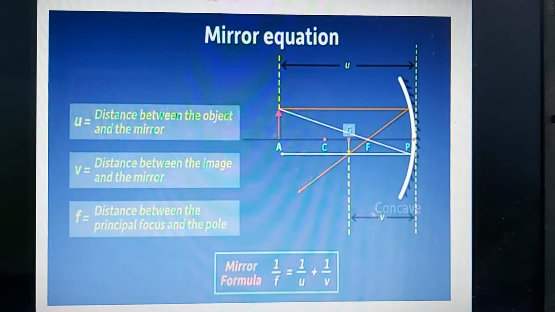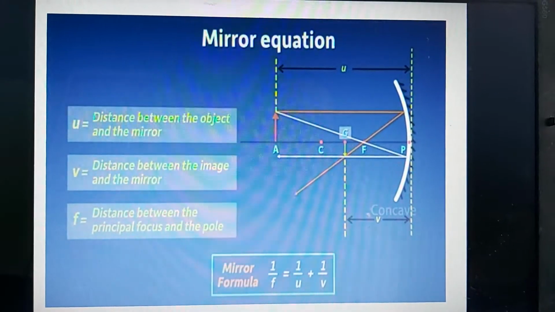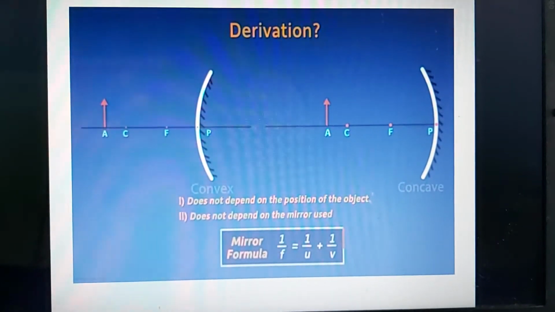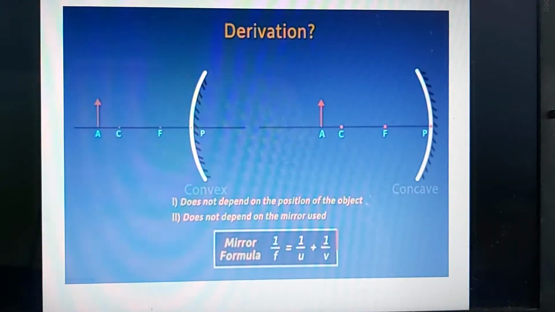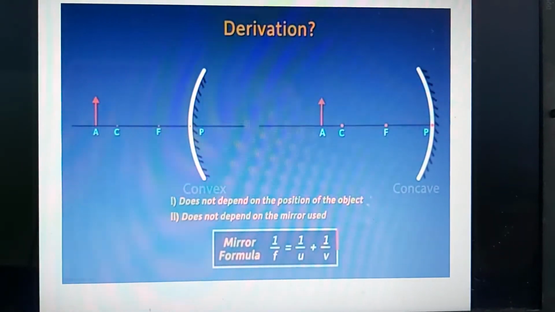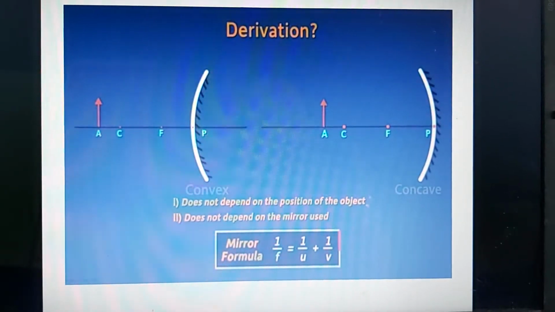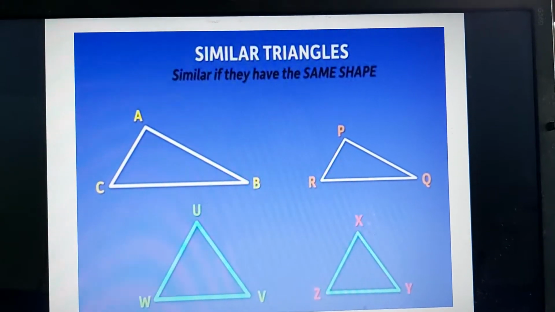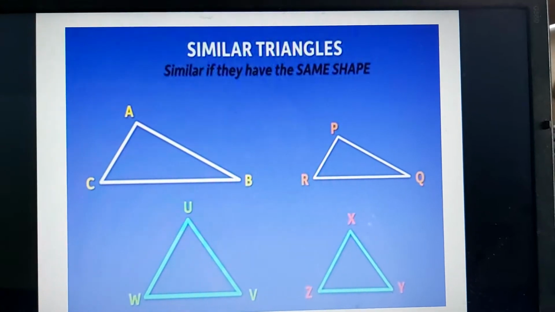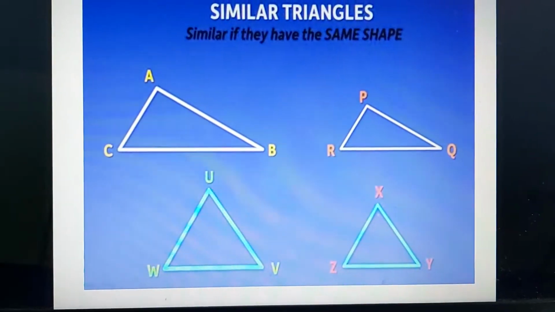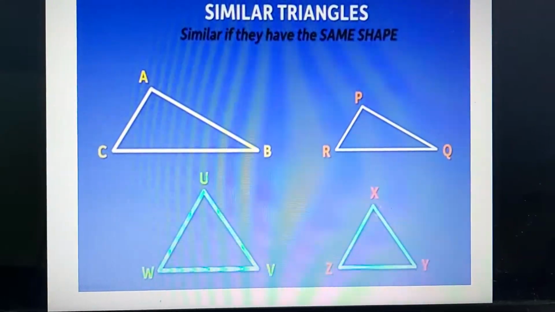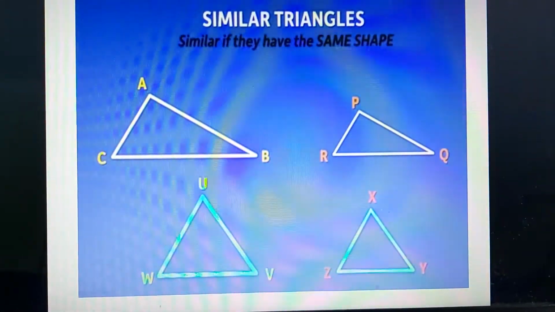Triangles are similar if they have the same shape. So these two triangles are similar since they have the same shape.